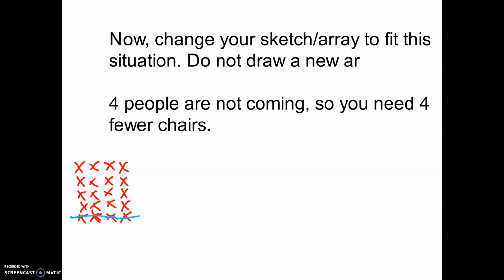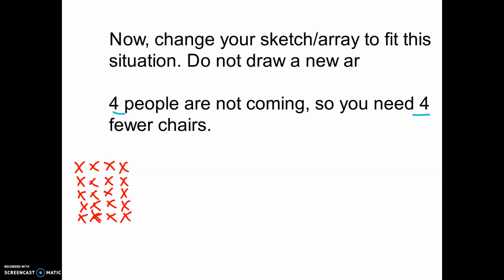Now, I want you to notice something that I did not do, and this is something that sometimes gets a little confusing. It's 4 people, so I need 4 fewer chairs. So I have to cross out the row with 4, not the column with 5, okay? Not this one, because that's taking away 5 chairs and is taking away a column.